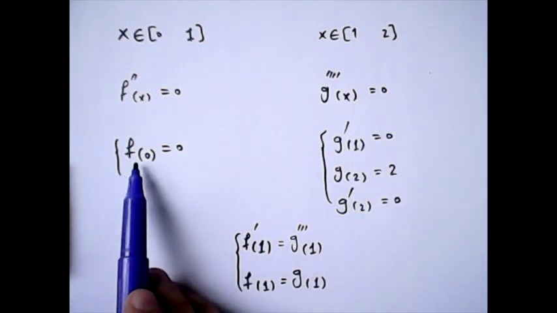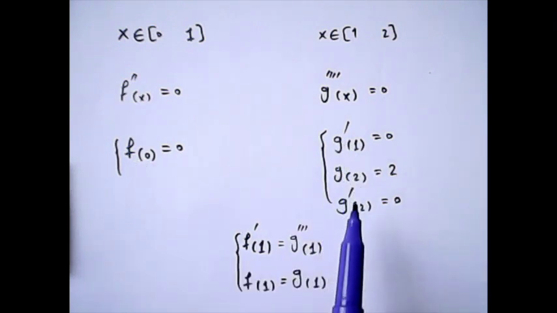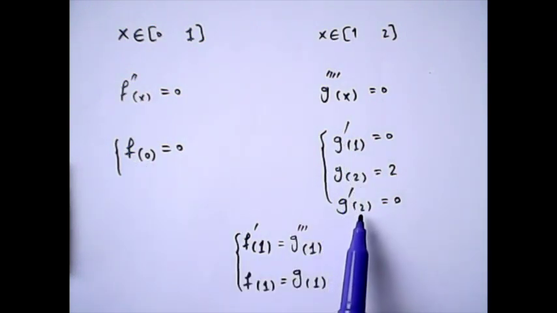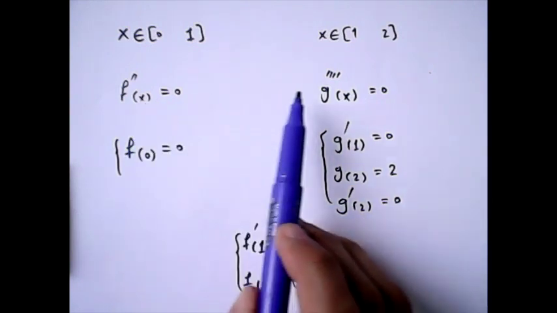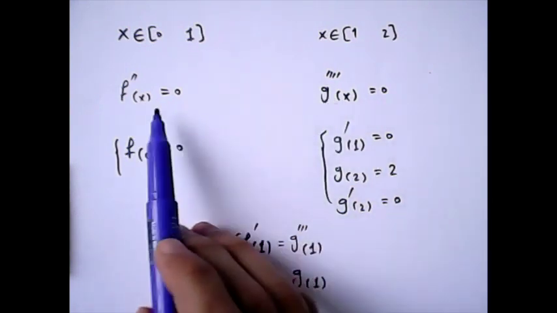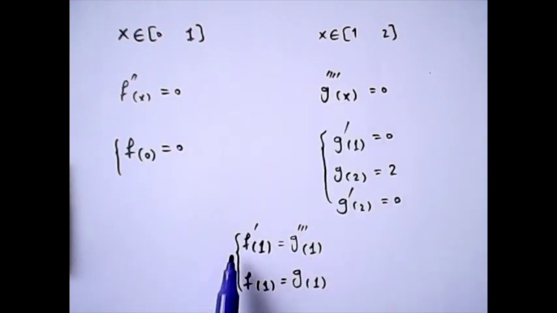Here you will have 1, 2, 3, 4 equations, but there were 6 unknowns combined. Now I have given you 2 more equations so that you can find out the 2 remaining constants too.